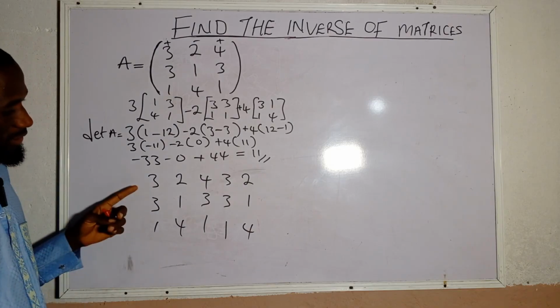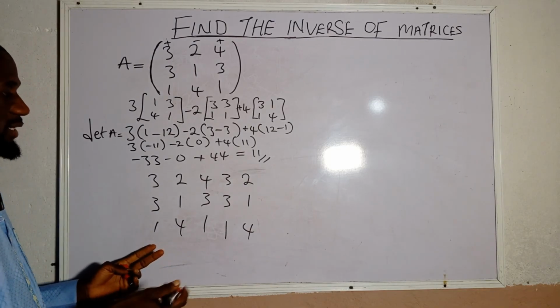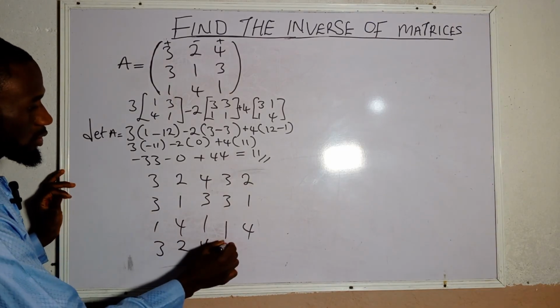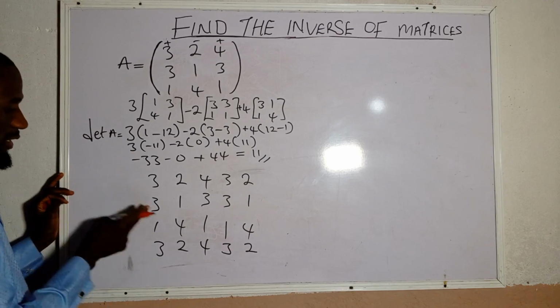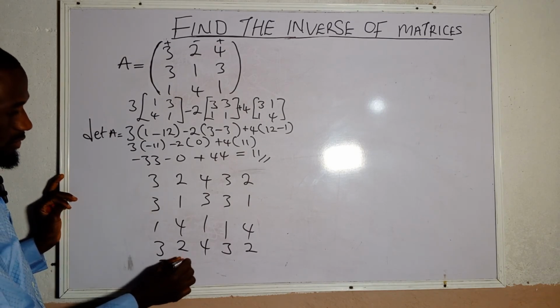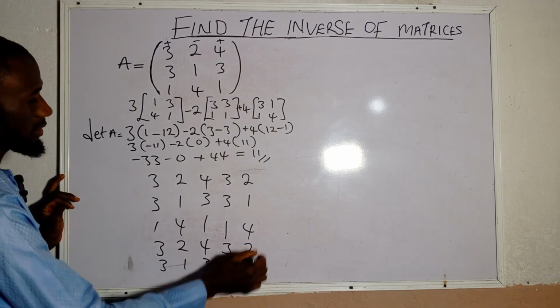Also, after we repeat the first two columns, we can repeat the first two rows: 3, 2, 4, 3, 2, and the second row as 3, 1, 3, 3, 1.